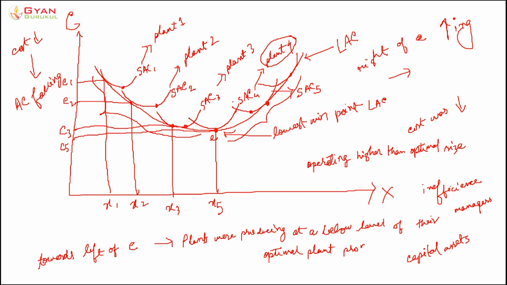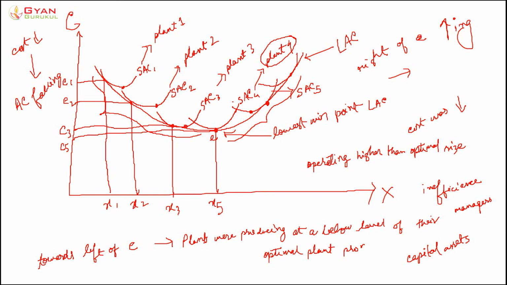Now, beyond that level, when we go towards the right of point E, the plants are operating above the optimum level. The plants were operating at a higher level than the optimal plant size, right?